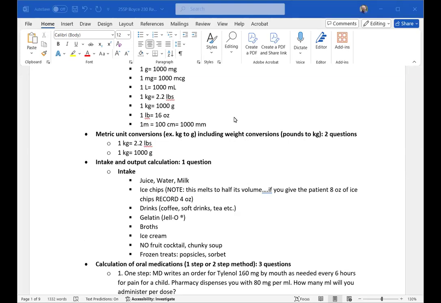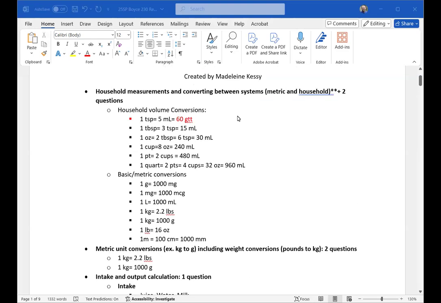I just want to make sure, because I had a student that was using incorrect information. They were using 1 pint equaling 500 milliliters, but that is an incorrect number.